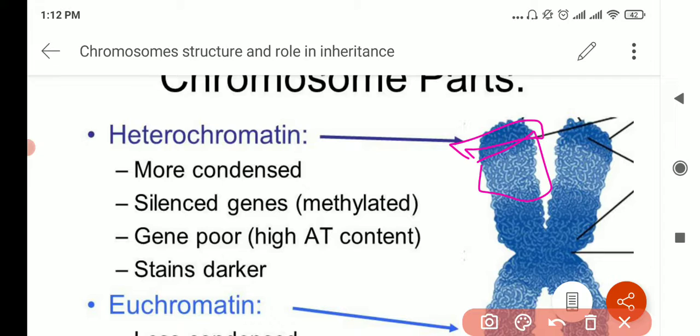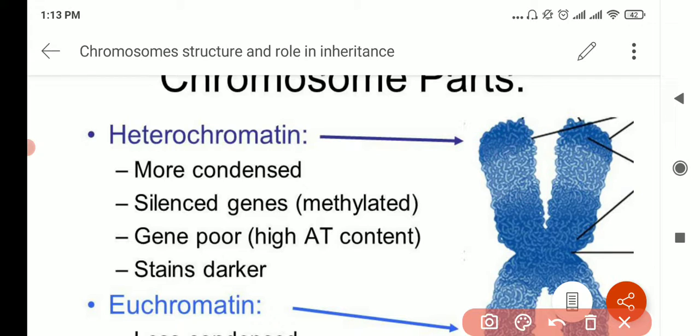They are silent genes, okay, and gene poor. When we say gene poor, it means high AT content. AT, adenine and thymine, are repetitive contents. And it stains darker because they are very much condensed. Lots of DNA that is junk and it's just a copy of a copy of a copy. You just squeeze them together and store it somewhere.